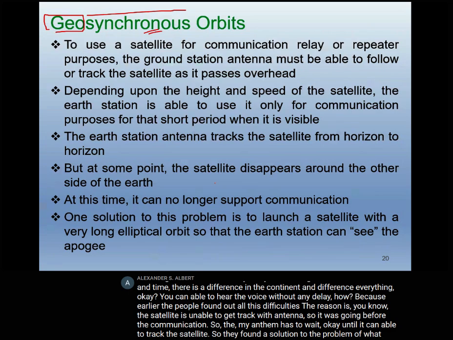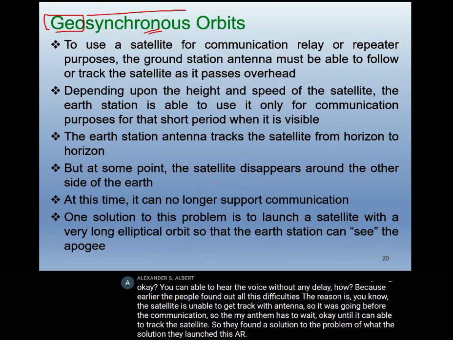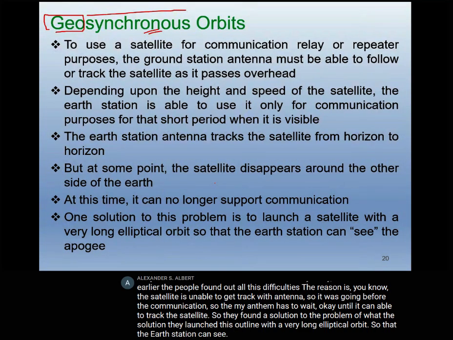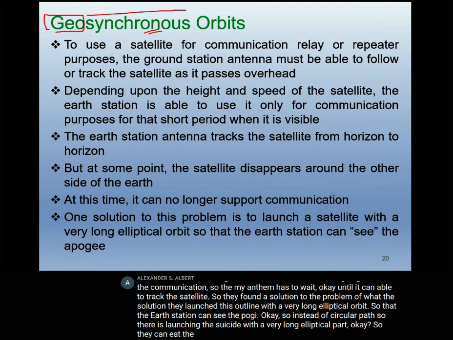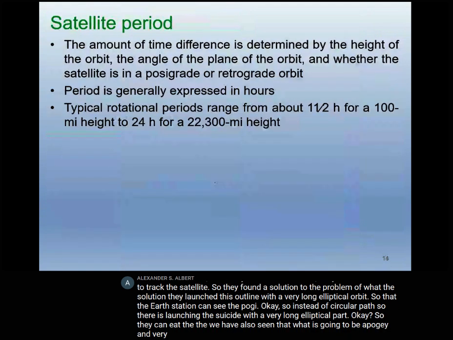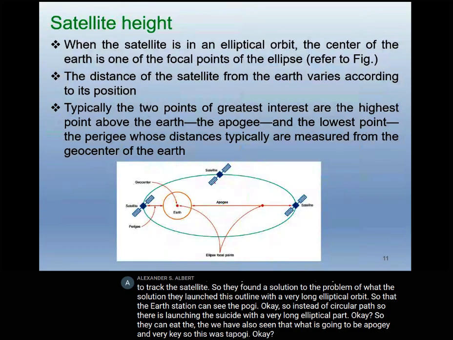What solution? They launched a satellite with a very long elliptical orbit so that the Earth station can see the apogee. So instead of a circular path, they launched the satellite with a very long elliptical path. We have also seen what apogee and perigee are. This is the apogee.